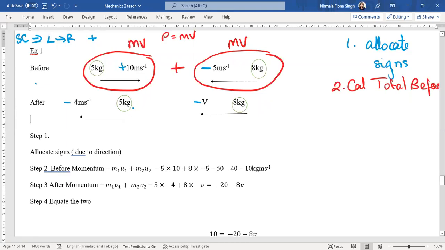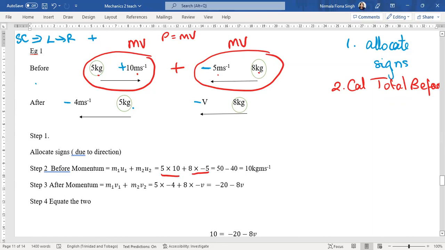So it's going to be mass by velocity. So it's going to be 5 by 10. We're adding the next term, 8 by minus 5. So you work out the individual momentums first.